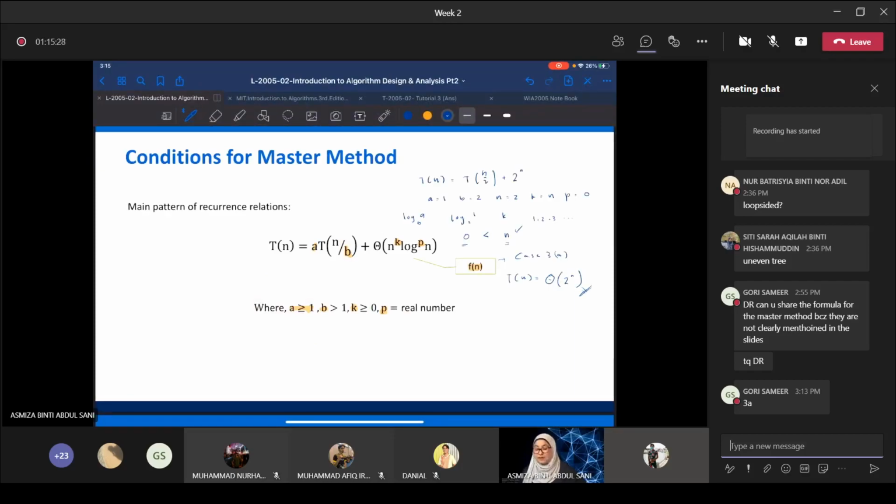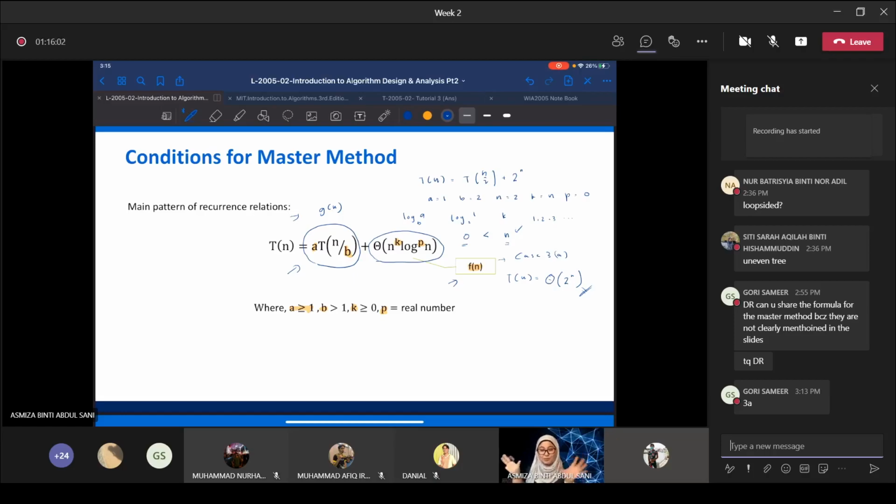And in fact, when we have this kind of recurrence relation, we can take this one as f(n), and this one as g(n). Basically what we are trying to do is see whether this f(n) is upper bounding this g(n), or this recursive function is upper bounding the f(n).